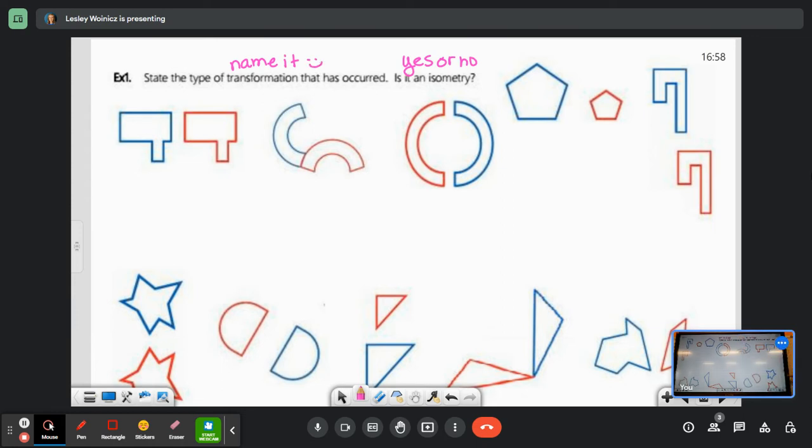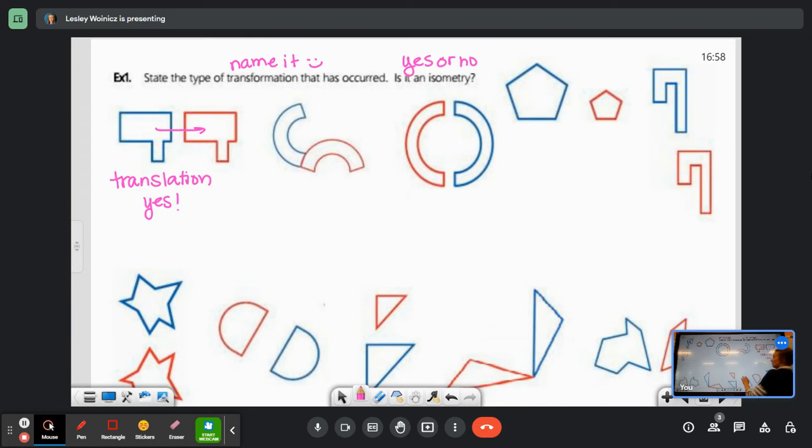For my first one, you can see that this just scooted over a little bit to the right. This is a translation or a shift. All the angles stayed the same, all the side lengths stayed the same. So this is an isometry because those figures are congruent.